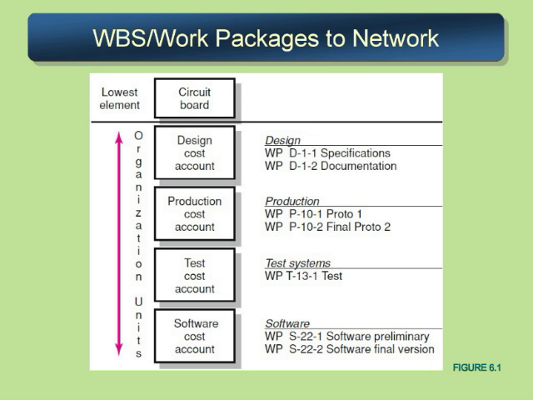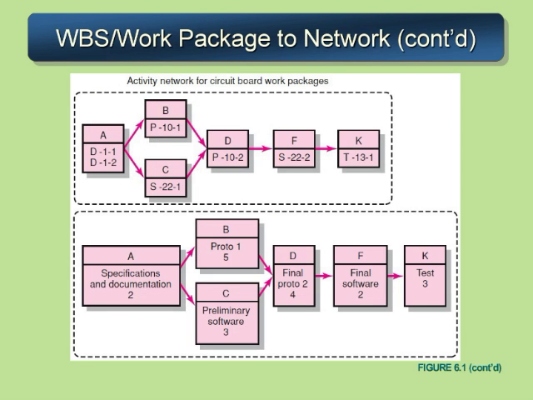But right now we just want to figure out how this all fits together and what order these activities need to be put in so that we can actually deliver the deliverable of the circuit board. So what you can see here in this project network is that we need to first take care of the specifications and documentation activities.